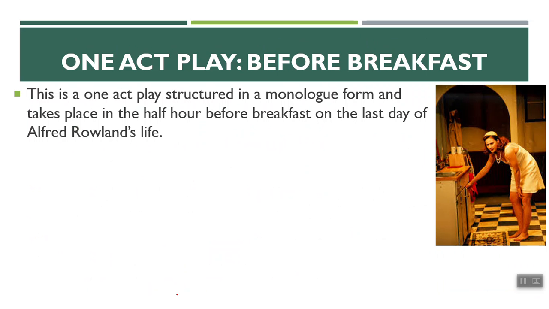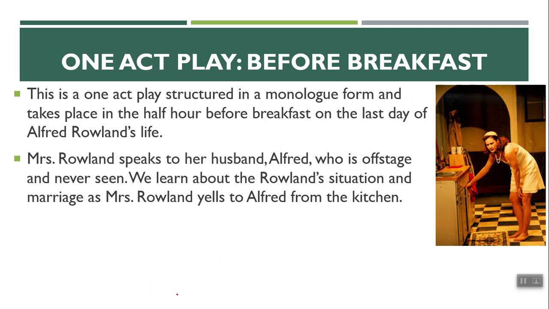So this is the half hour before breakfast on the last day of Alfred Rowland's life. Alfred does not appear on stage, but she does. So Mrs. Rowland speaks to her husband, who is never seen, and we learn about their situation and their marriage as she yells to him from the kitchen.